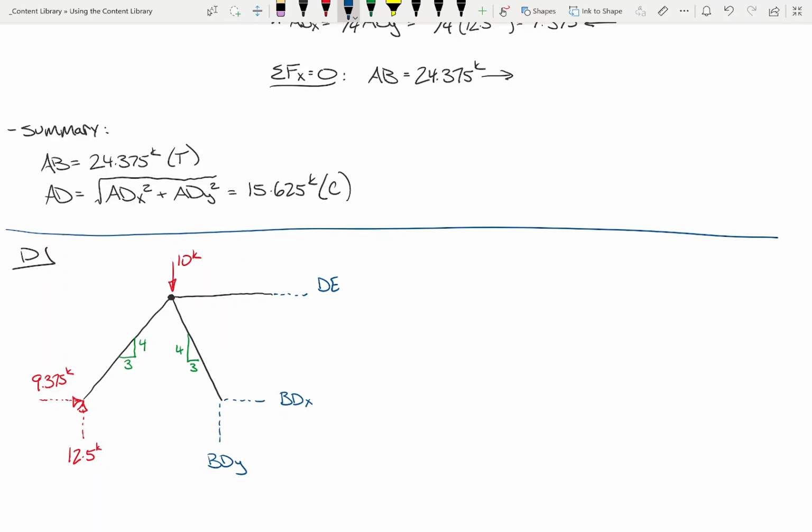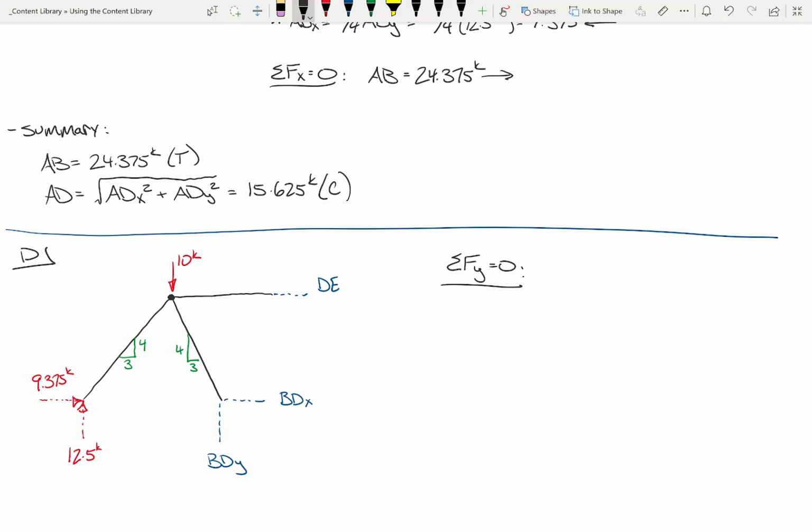You tell me now. Sum forces in the y direction. So if I sum forces in the y direction, what does that tell me? What do I get? BDY. What is BDY going to be? 2.5. Going down, because I got 12.5 up, 10 down, so I've got to have another 2.5 going down.